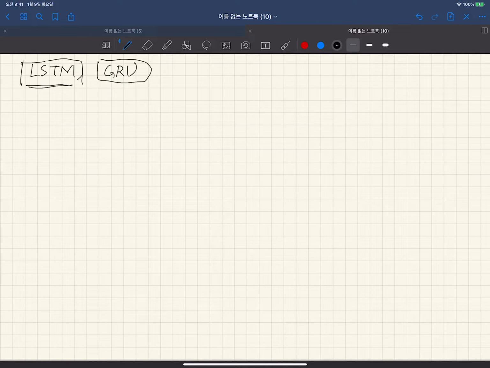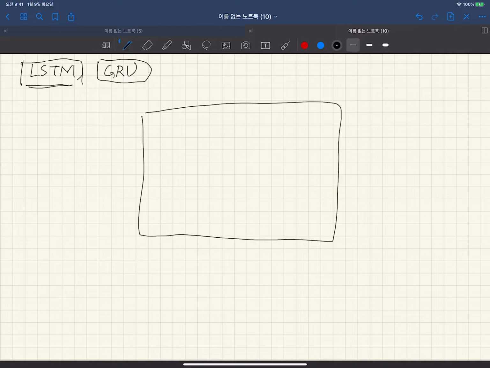Okay. So the LSTM structure consists of 3 gate units. And the LSTM structure also has one more hidden state called the cell state. So at each time, the LSTM unit receives 2 hidden states.